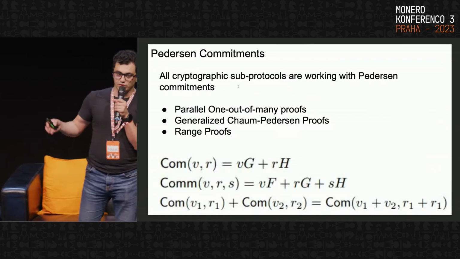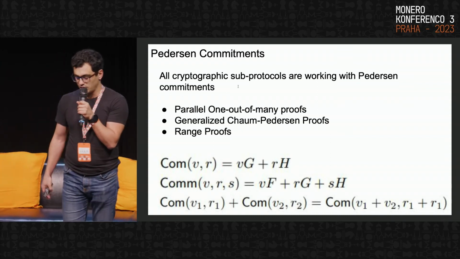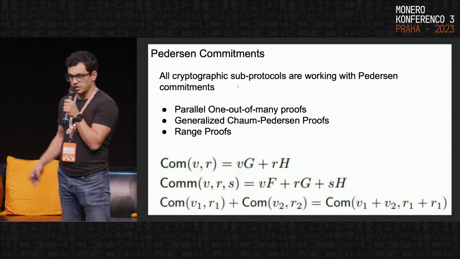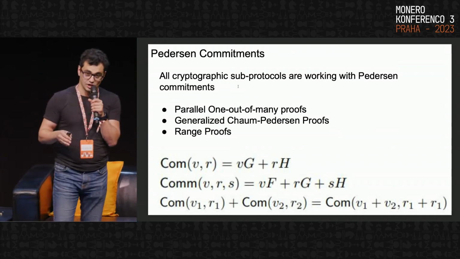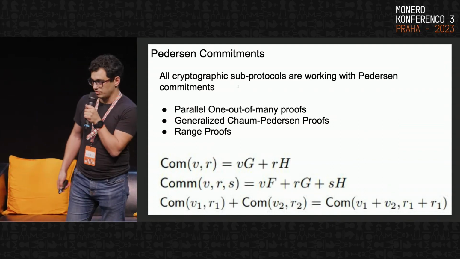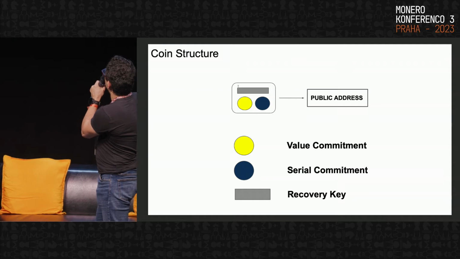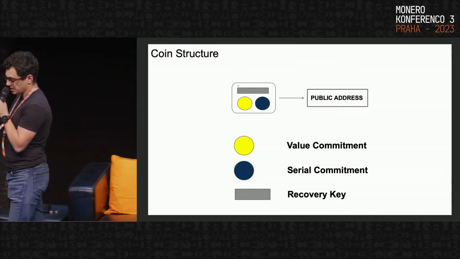And cryptographic commitment is basically the fundamental building block of the protocol, and all sub-protocols which compose Spark, such as parallel one-out-of-many proofs, range proofs, or generalized Schnorr-Pedersen proofs, are all working with Pedersen commitments. And Spark is working in the UTXO model, where users are minting and burning coins.